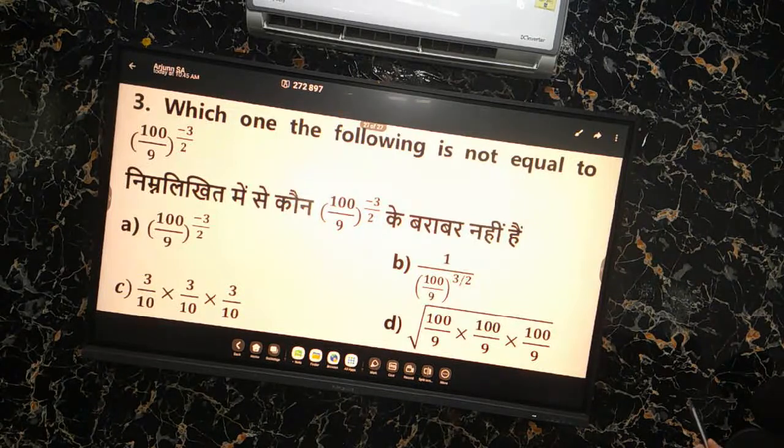Every question that I put up on the board, write in your book, because writing questions and options is also part of your learning. Not only solving, write the question and options.